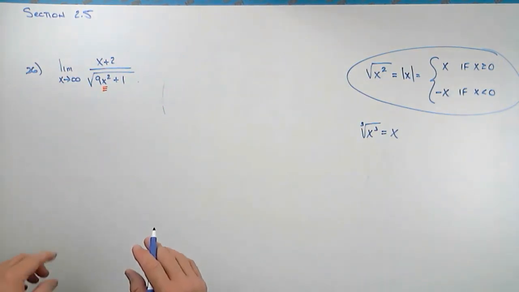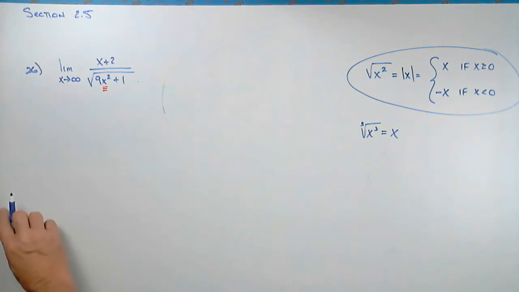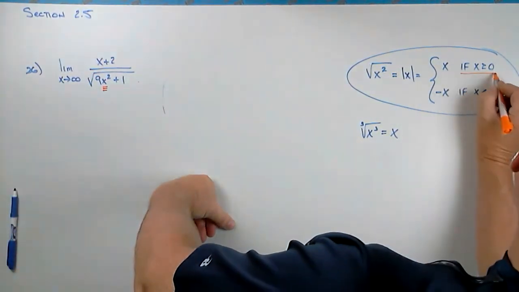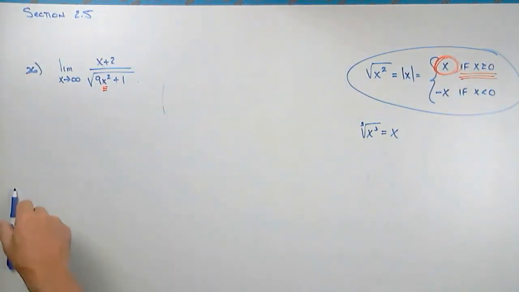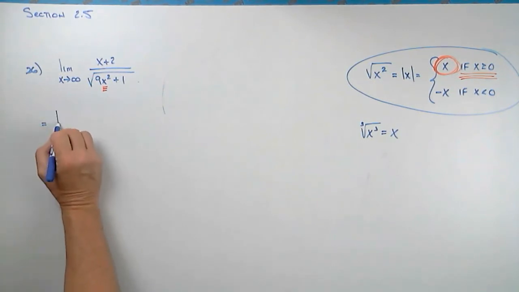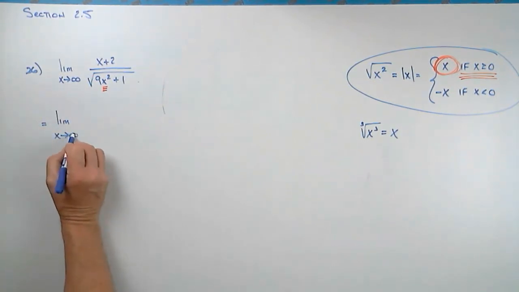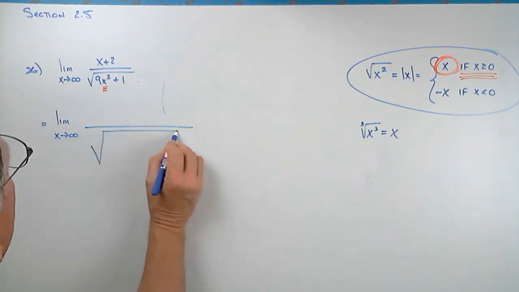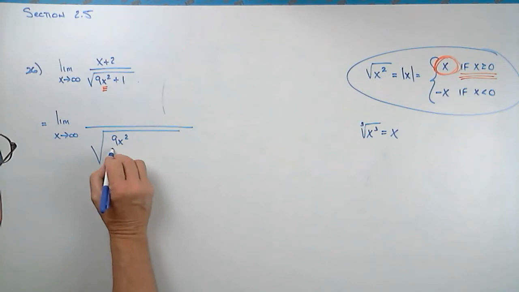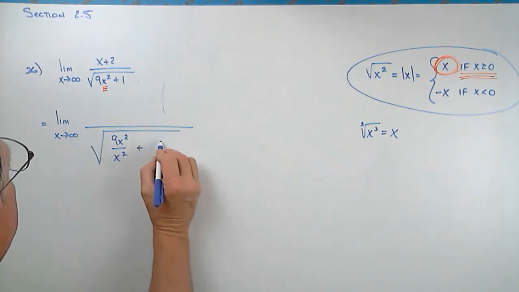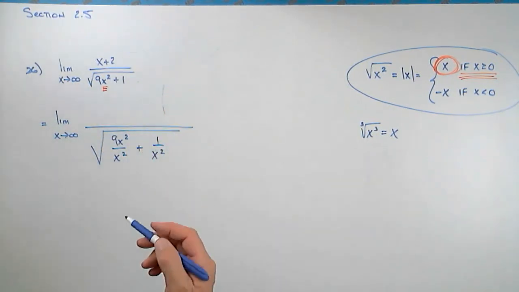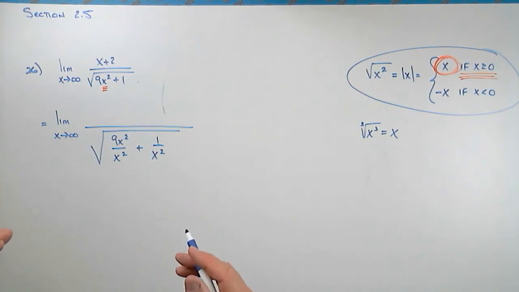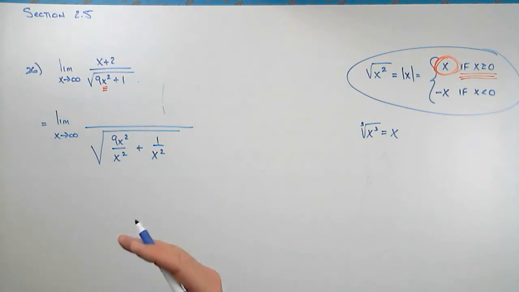So what does that mean to us? Well, it means x is going to positive infinity. If x is going to positive infinity, this is us right here. So when we rewrite this, down here, we're going to divide by the highest power of x in the denominator. So we're going to stay under the radical. We're going to divide everybody by x squared. But in the numerator, where we're not under the radical, algebra says you have to divide the denominator and the numerator by exactly the same value.